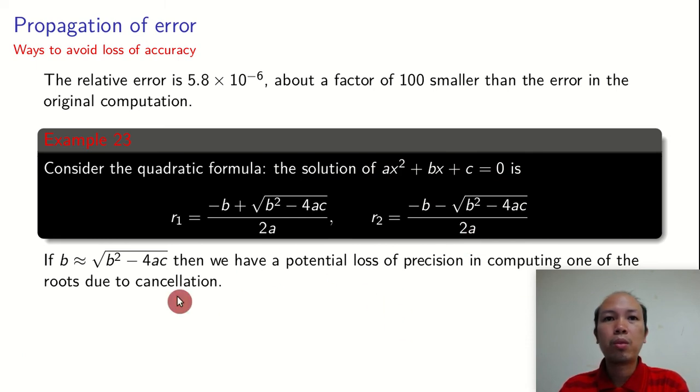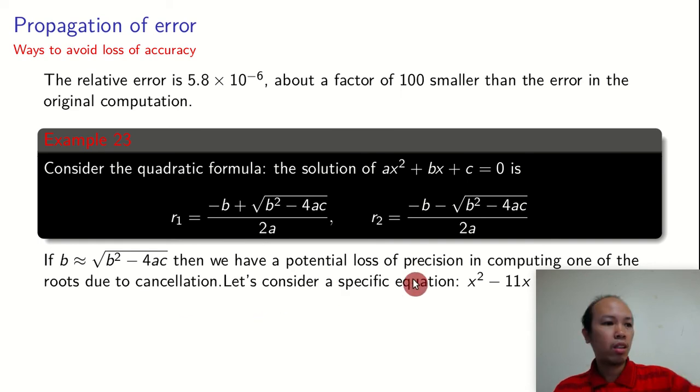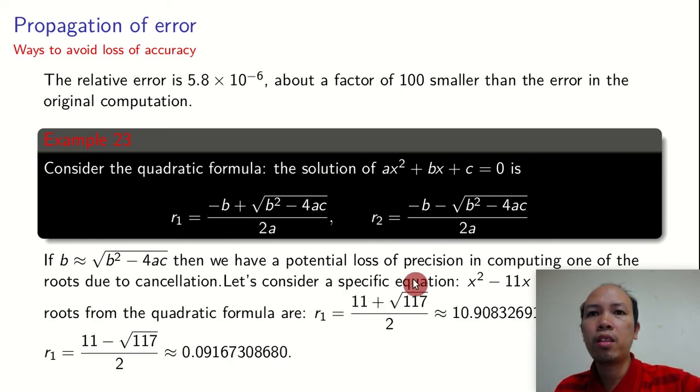What if b is approximately equal to the square root of b squared minus 4ac, so they are closer together? Then we will have a potential loss of precision in one of the roots due to cancellation. So let's have an example for this one here.